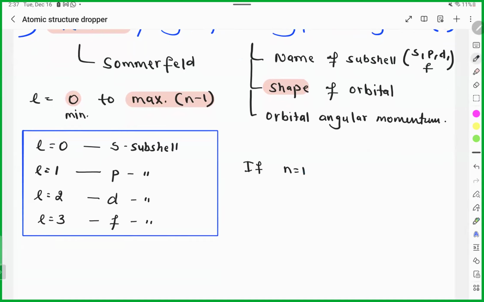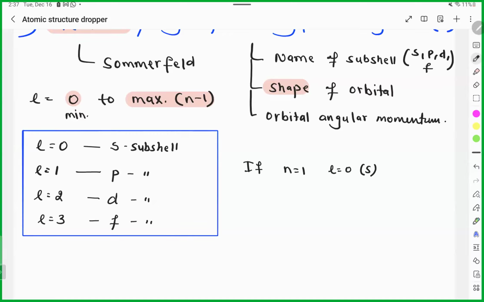Chandana, what will be the L value? Only 0 is possible because maximum value is n minus 1. L value 0 because it is the S subshell only.